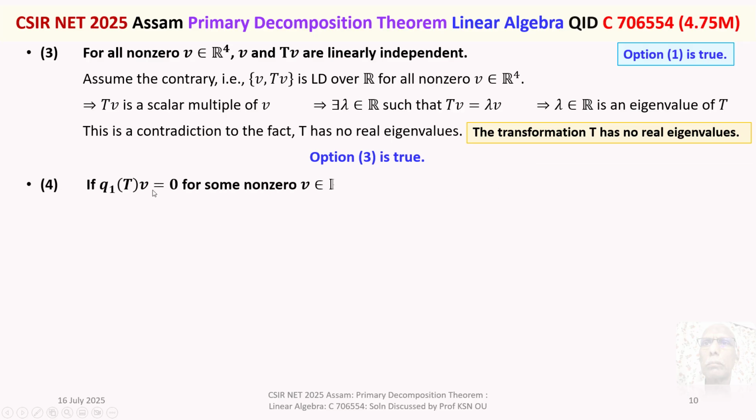Option 4. If q1 of T operating on V is 0 for some non-zero vector V belonging to R^4, then the set consisting of V, T of V, T squared of V, T cubed of V is a basis of R^4.